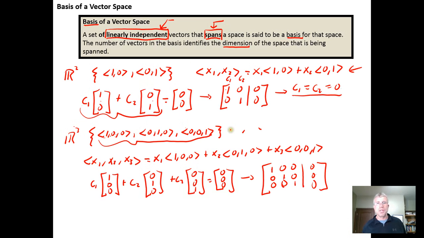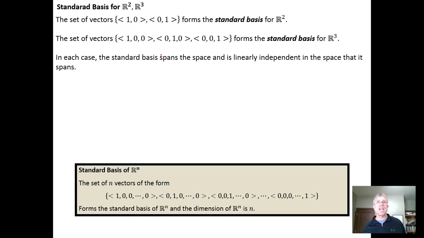The reason for using this example and this example is to introduce the notion of the standard basis for a vector space. In R2, the set of vectors that we just looked at, we call the standard basis for R2. The thing to note is that if we have an xy coordinate system, those vectors are unit vectors along the x and y axes. And in a three-dimensional coordinate system, these constitute unit vectors along the x, y, and z axes.